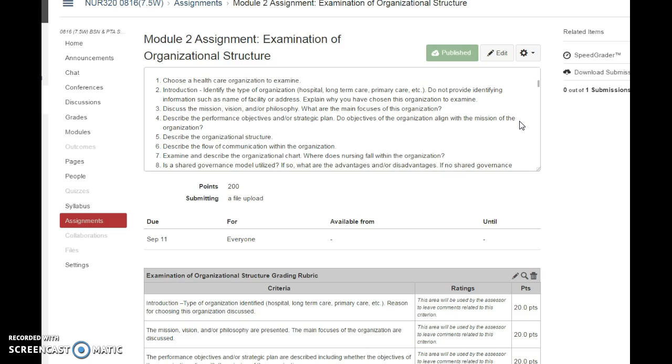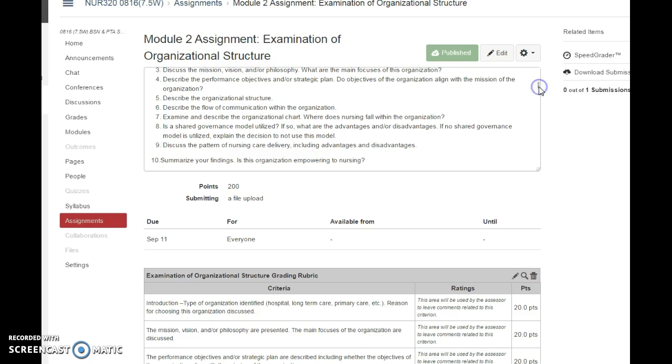The organizational structure, again, you could probably get that off the internet. Many times places do have a flow chart of who is at the head, board of directors, those kinds of things. We talked about the flow of communication. That goes into chain of command.